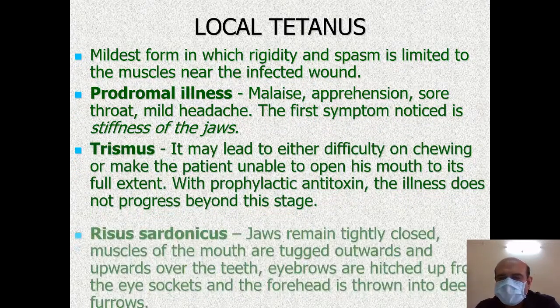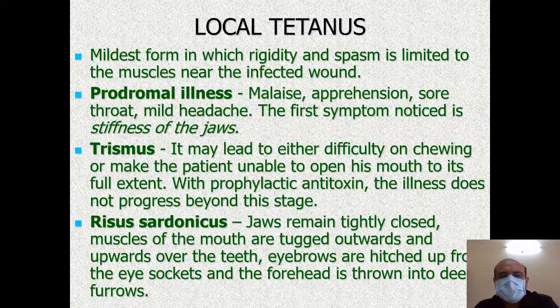Now, coming to local tetanus, the mildest form, in which rigidity and spasm are limited to the muscles near the infected wound. Prodromal illness like malaise, apprehension, sore throat, mild headache.